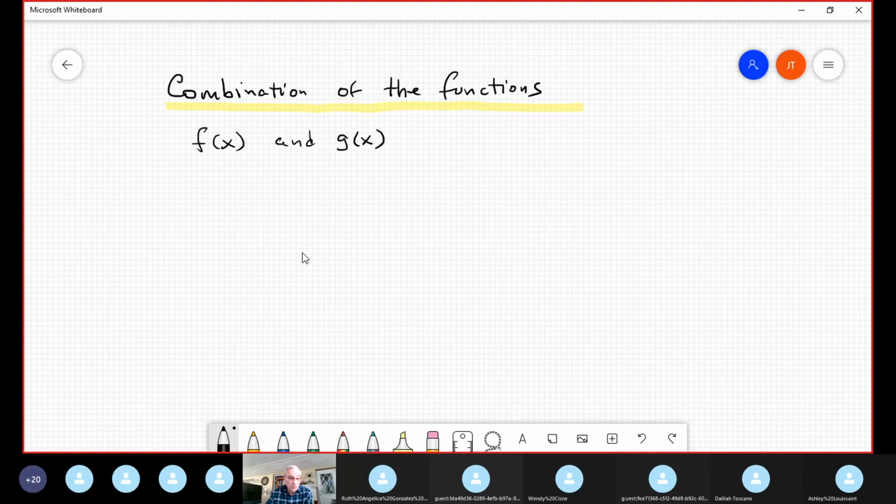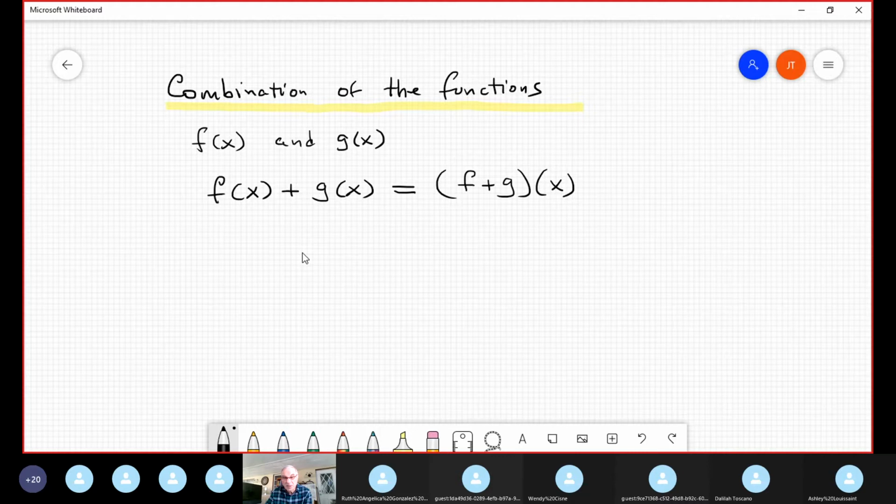Suppose we add f of x plus g of x. The symbolic way to indicate it is f plus g of x. In the test, I ask you using the symbolic way, so you need to be familiar with this notation. F plus g just takes both and connects them by plus. That's it. Now likewise, subtraction.